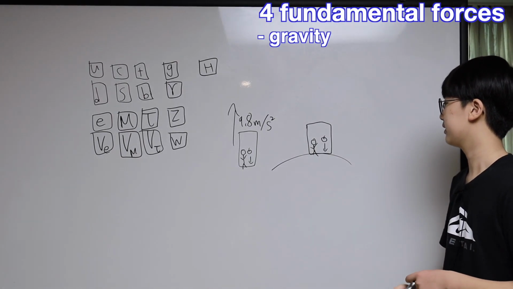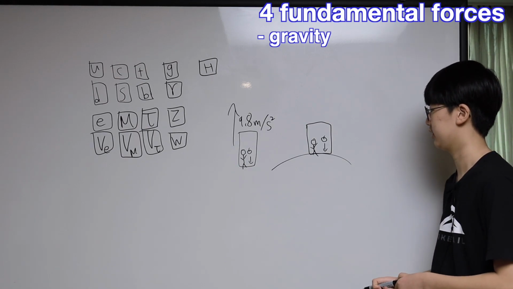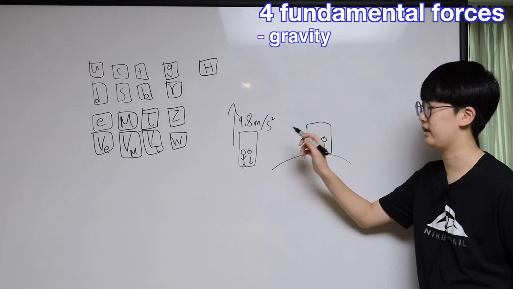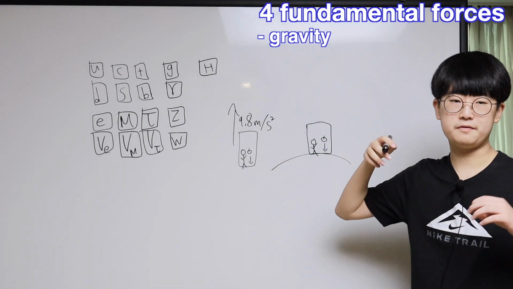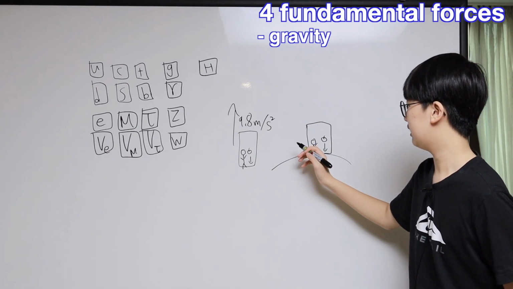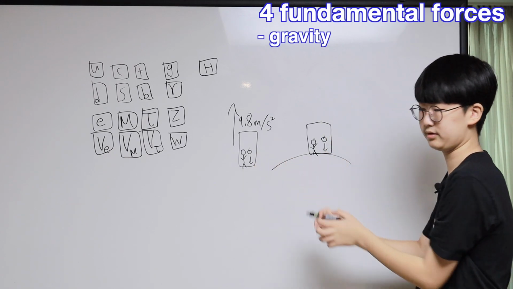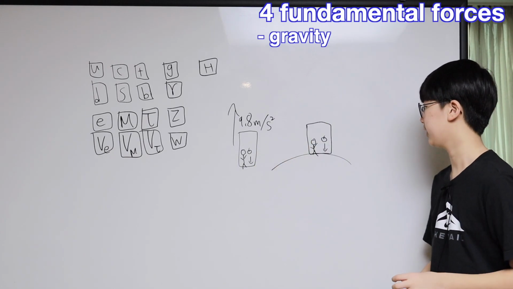The apple falls at 9.8 meters per second squared also, just like inside the accelerating box. The person can't feel anything different if he compares these two scenarios, because he can't see the outside.